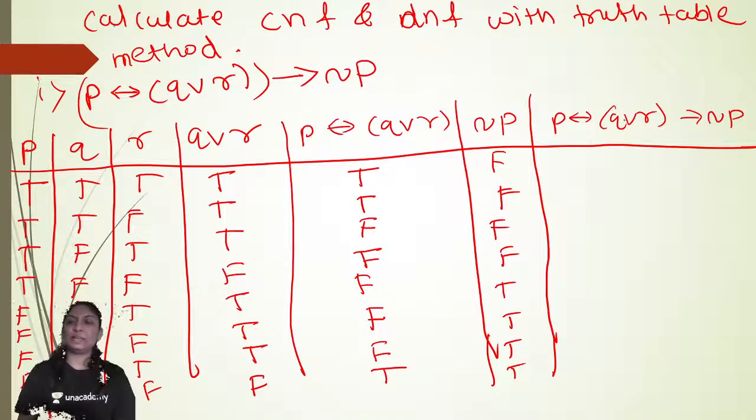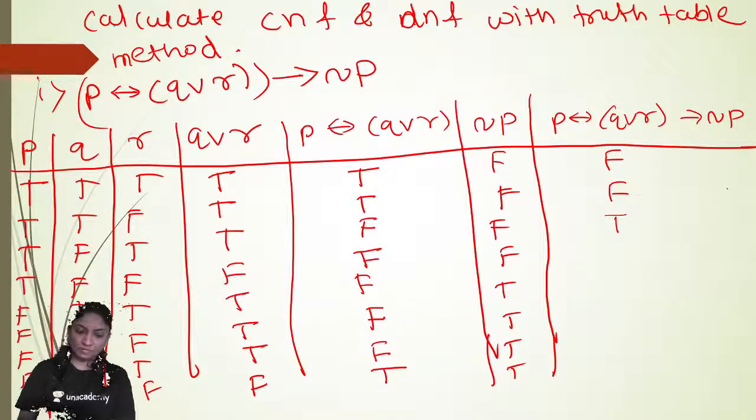So P double implies Q or R, implies negation of P. So T F F. Here is T F F F F F. So here is FFT.